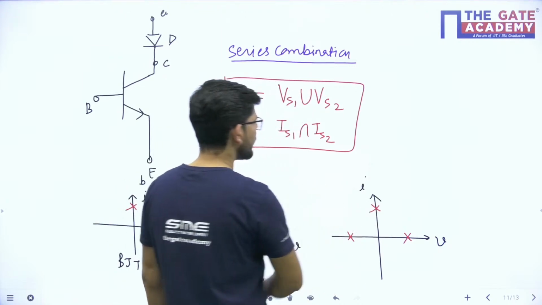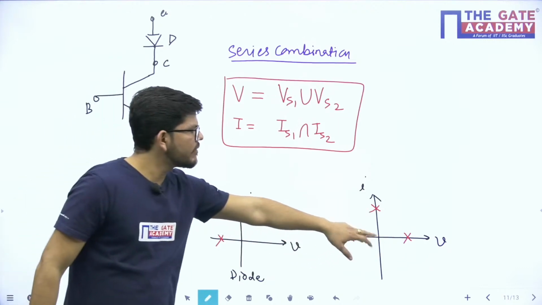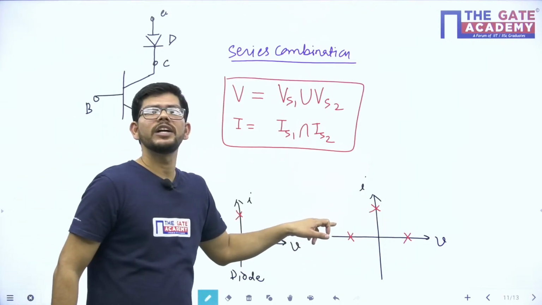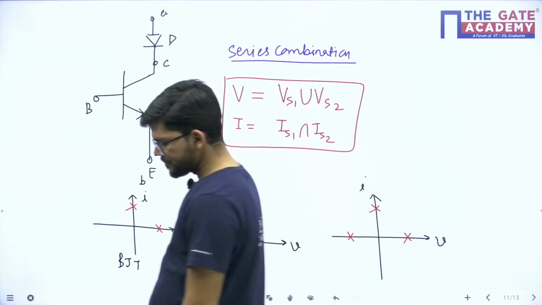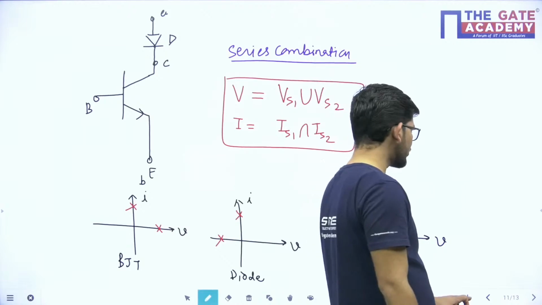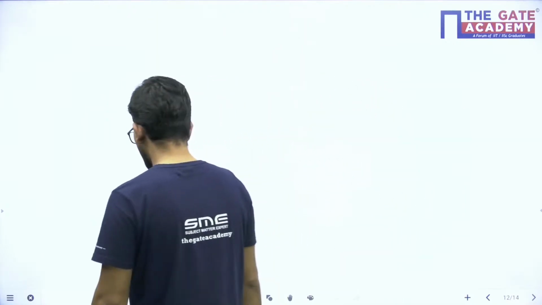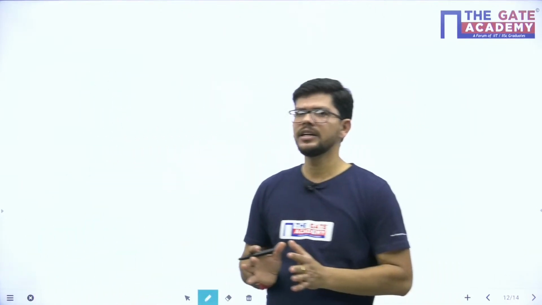So this particular device will have a safe operating area in quadrant 1 and quadrant 2. Isn't it? So this is how the safe operating area of composite switches will be determined. Is that clear, students?